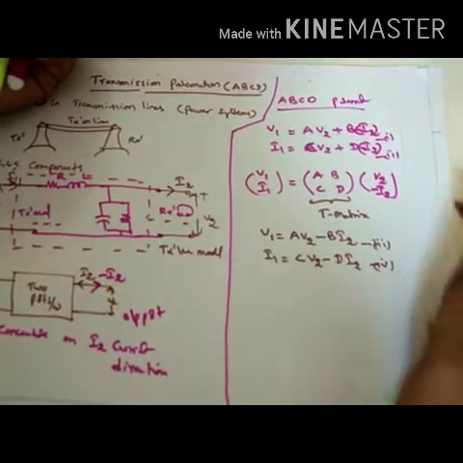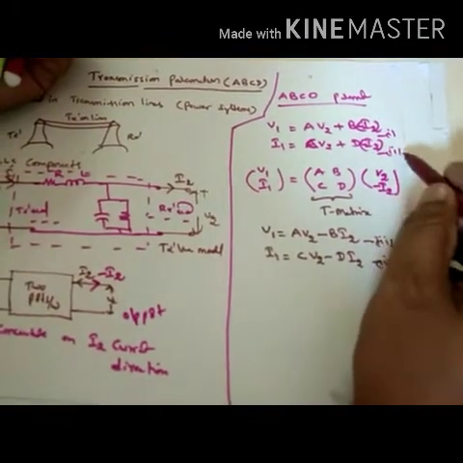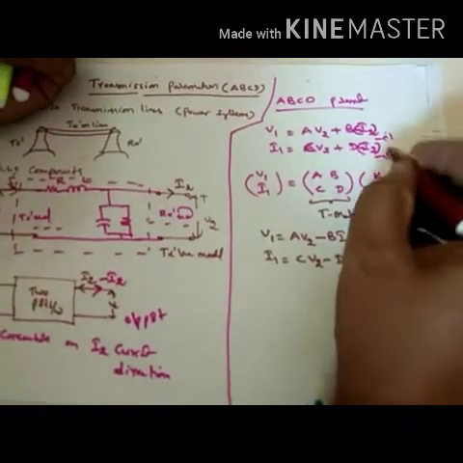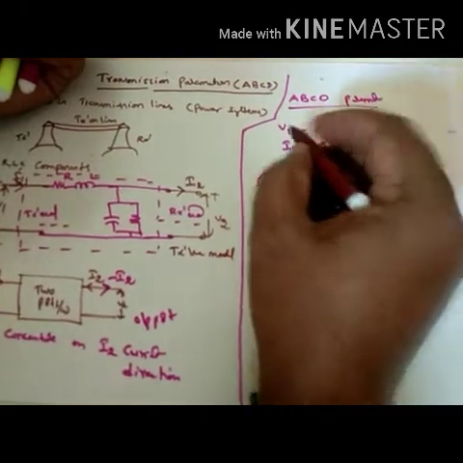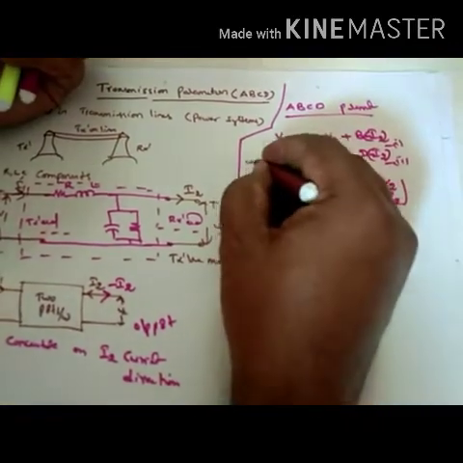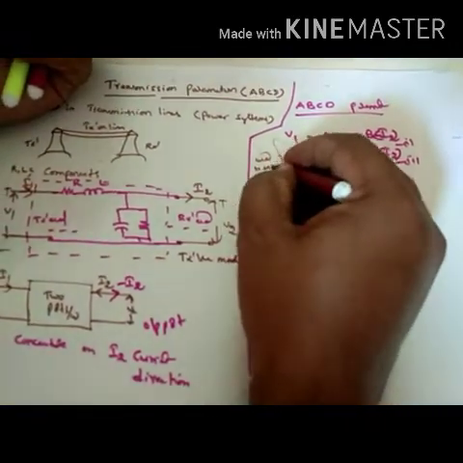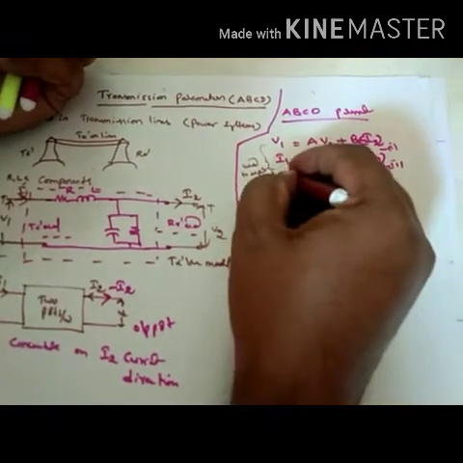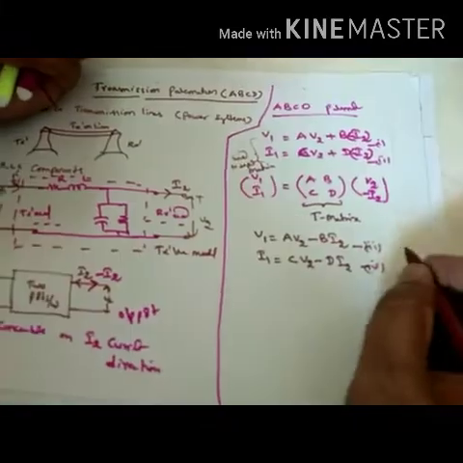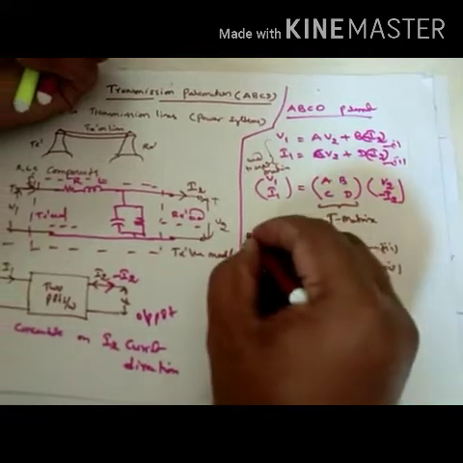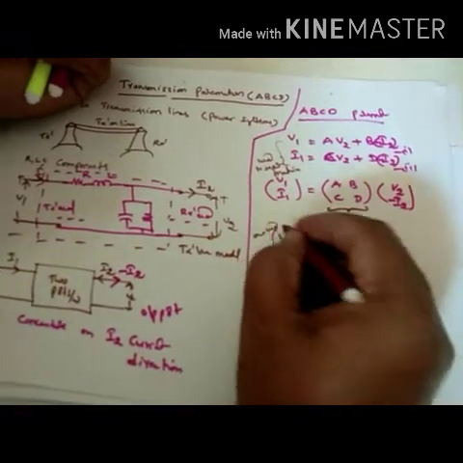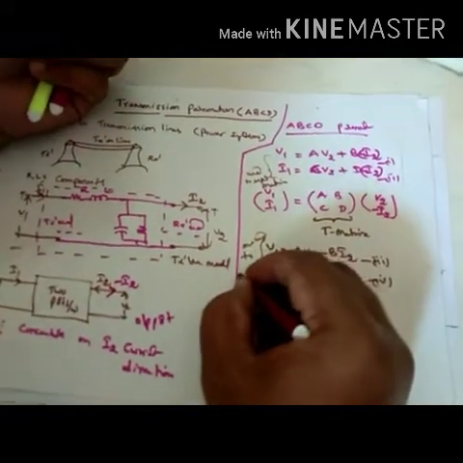To represent matrix form, you can use the first and second. These two are used to represent matrix form, and these two are used to analyze the problems.